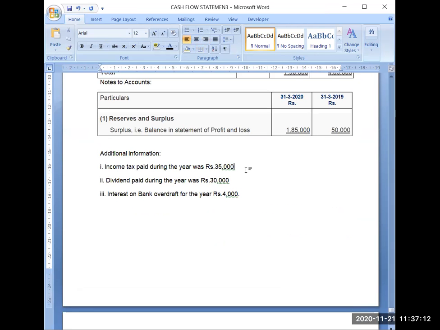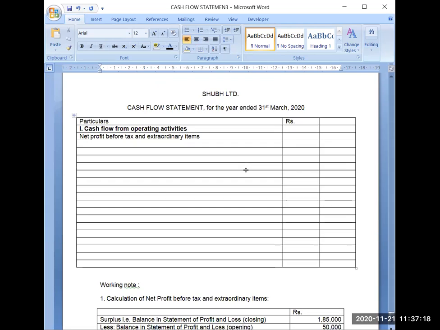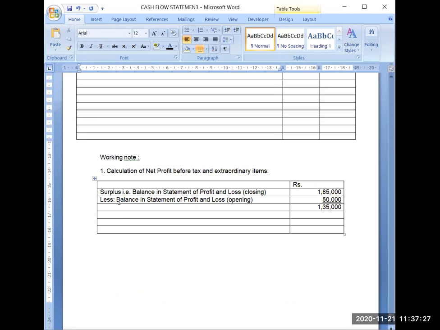Now regarding tax, only one information is given in the question. So I will be adding this tax. In the working note we will do this. Provision for tax.